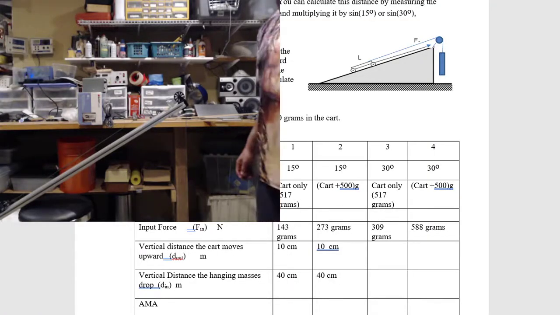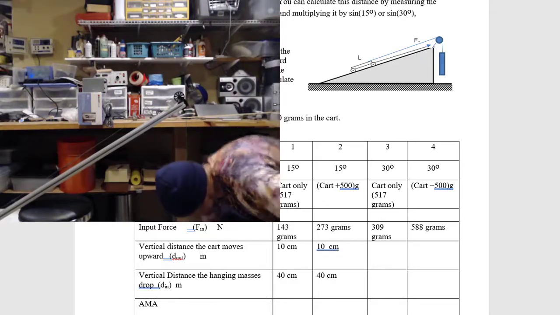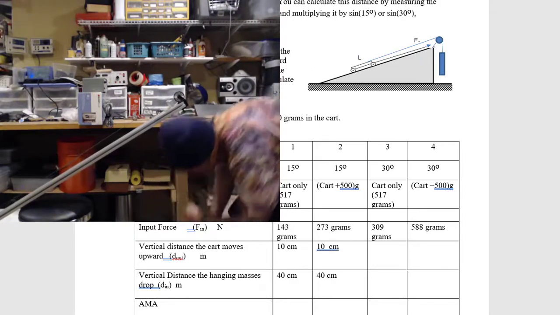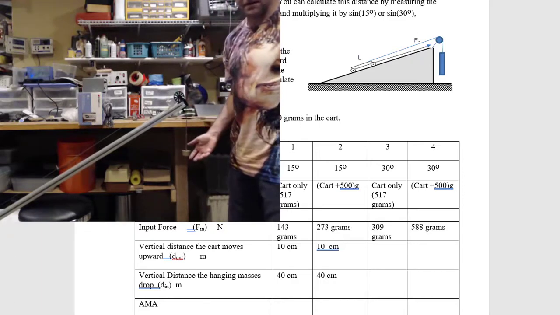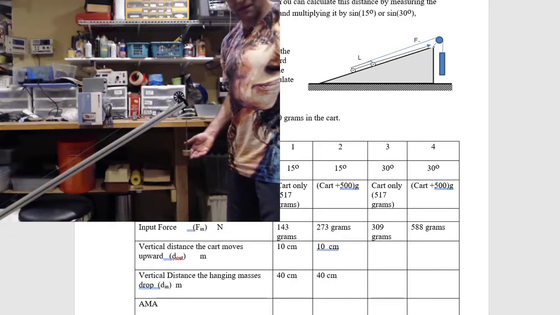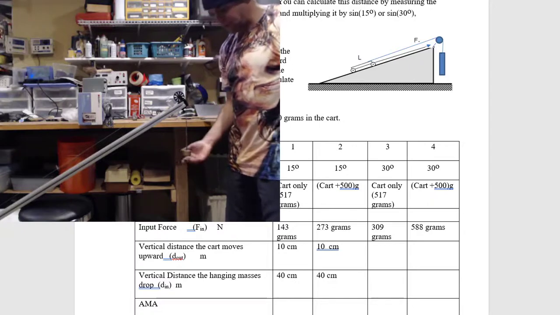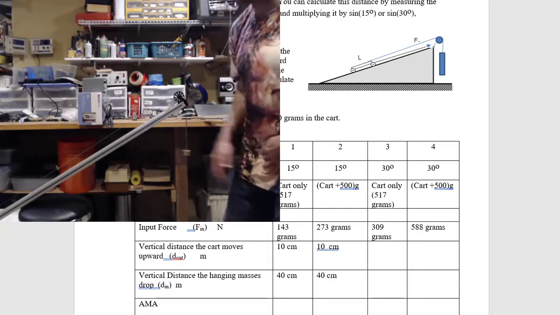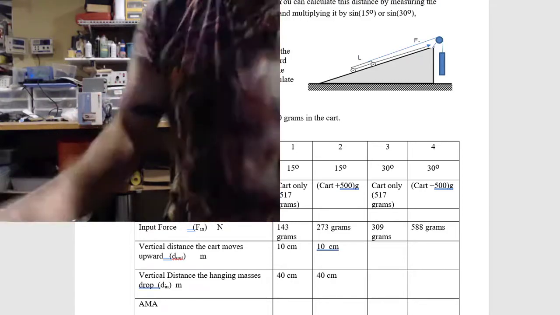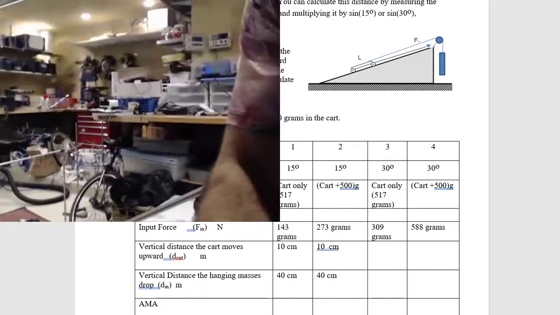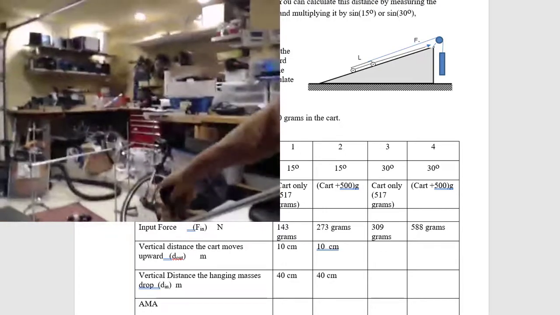Back at 30 degrees, what I'm going to do is measure the change in height from a certain point of the hanging mass, from right here to the ground, and measure the corresponding change in height of the cart over there.